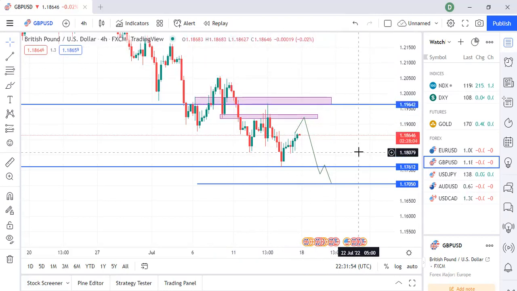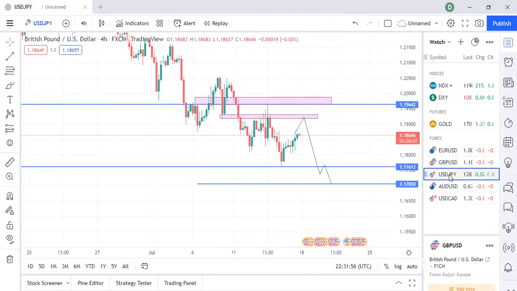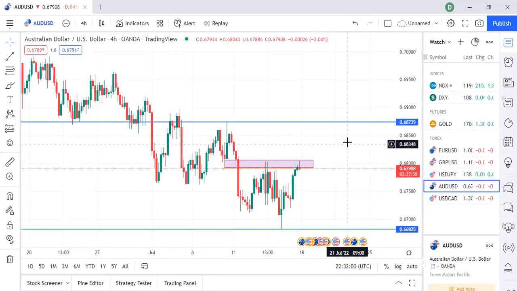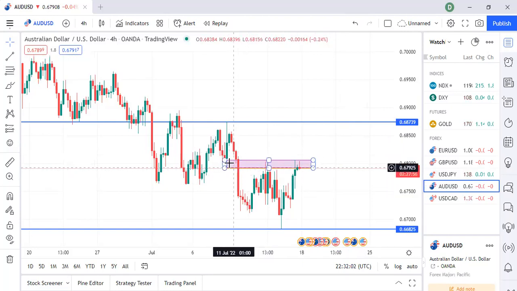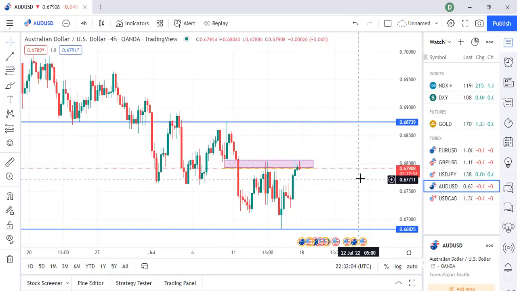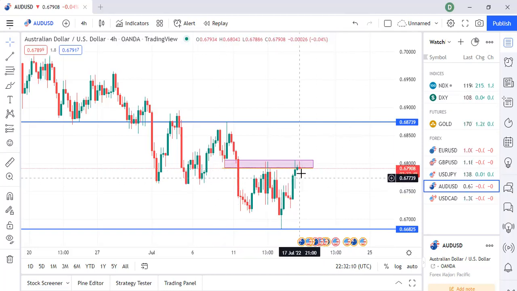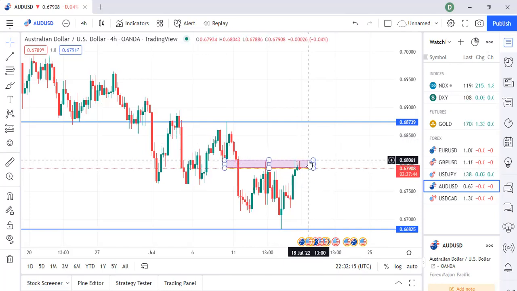All right. Now let me look at AUD before I come to the USD pairs. I even marked some area down here which has already been looked at, which price I've already entered into. So let me delete this and let's really look at that.